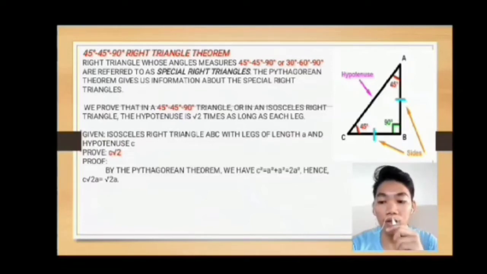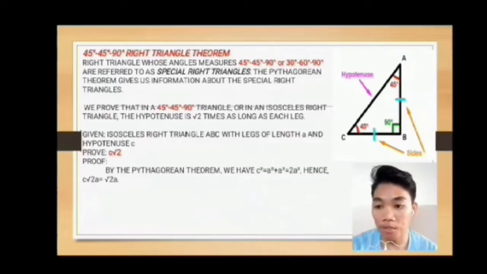Anong gagawin natin is lalagyan natin siya ng square root para ma-cancel yung squared sa a. So, magiging sagot is square root of 2 times a. Na-prove na natin na applicable siya sa hypotenuse. So, ang formula natin sa hypotenuse kapag given, hypotenuse is equal to square root of 2 times the leg.